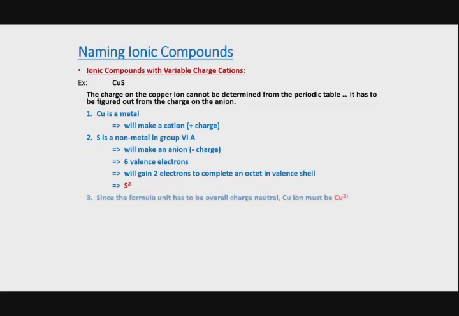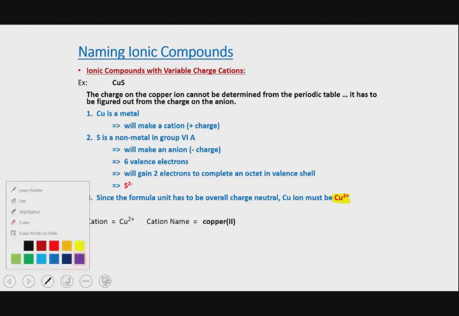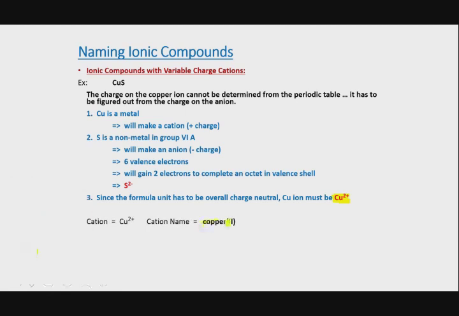And if the charge on sulfide is 2 minus and overall the formula unit has to be 0, then the charge on the copper ion has to be 2 plus in this compound. In other words, when you're naming this compound, we give the name of the cation using the name of the metal and the magnitude of the charge on each cation as a Roman number.